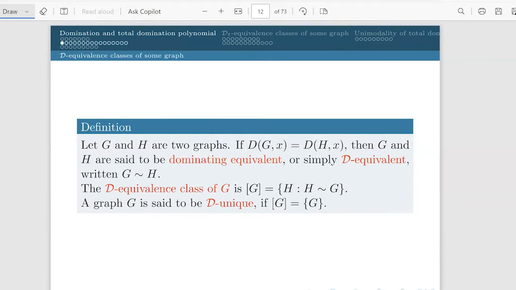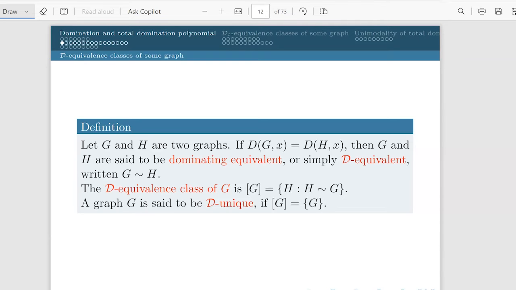Okay, let me go to another subject in the domination polynomial, or maybe other graph polynomials. All of you know that if we have two isomorphic graphs, then their graph polynomials are the same, but the converse is not true. In other words, maybe we have two non-isomorphic graphs with the same domination polynomial.